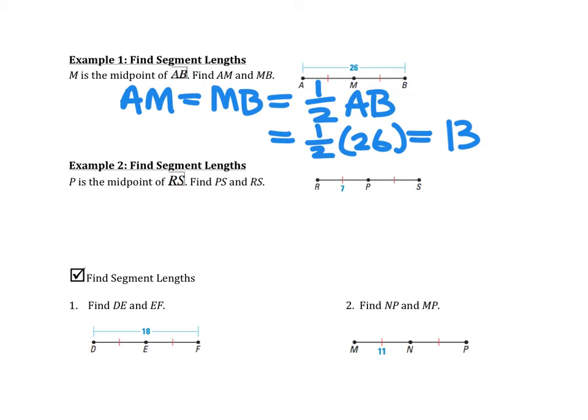Find segment lengths. P is the midpoint of RS. Find PS and RS. Well, RP equals PS. If RP equals 7, then PS equals 7.